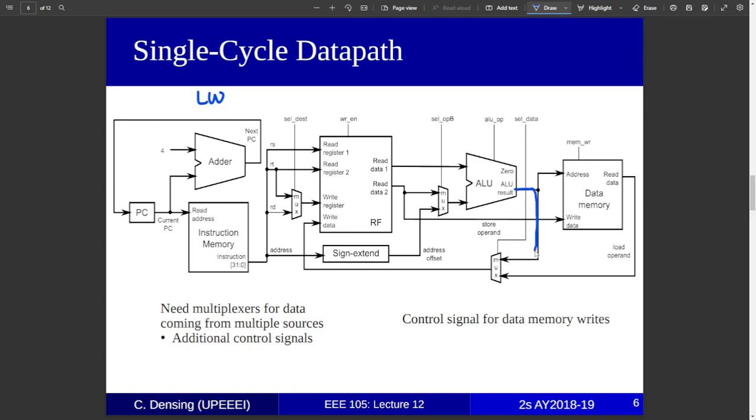So if it was an R-type instruction, I would want to choose the output of the ALU result. But if it was a load word instruction, then I would choose the output of the data memory. So that's why we have a MUX there. And that completes the single cycle data path with support for add, sub, load word, and store word.